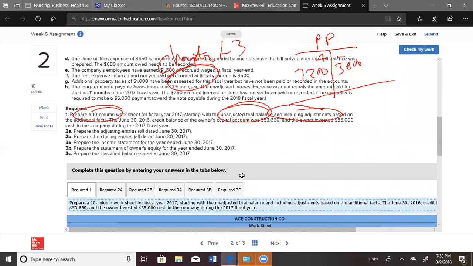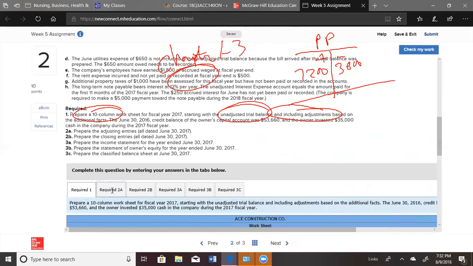You can finish this, I think, without reading the book. So just finish the adjusted trial balance, and then go through the chapter and do the rest of it. You still have to do the income statement, but I think you have to read the chapter to know how to do that.